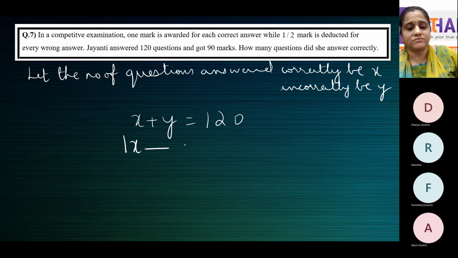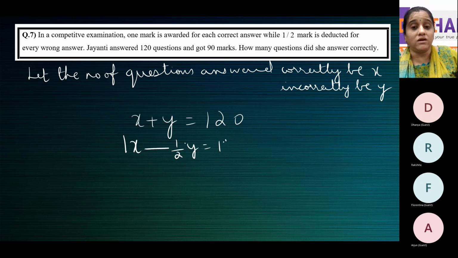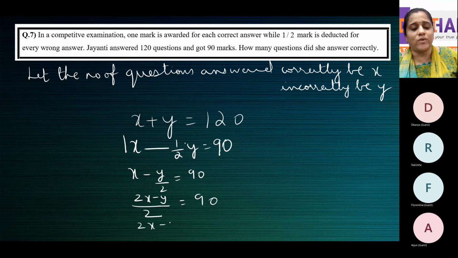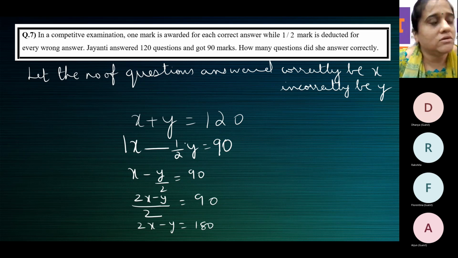Minus half into y is equal to 90. So you can write this as x minus y by 2 is equal to 90. And on taking the LCM, 2x minus y is equal to 180. These are the two equations.